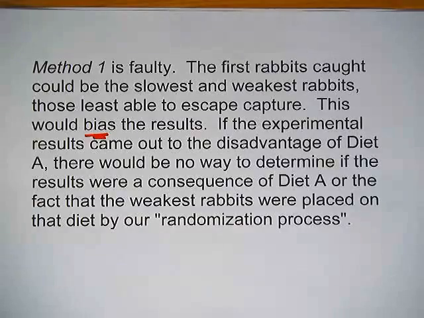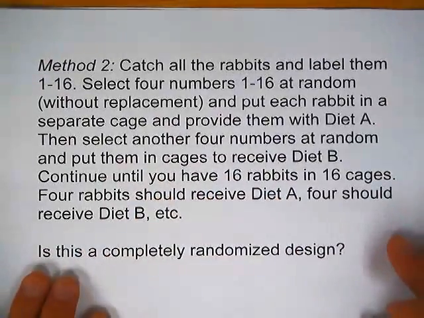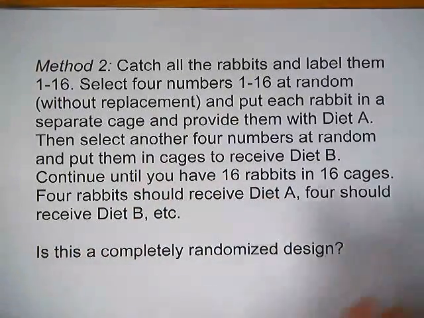So since this would not be a completely randomized design, this would not fulfill the requirements that we set out in our original definition. So let's take a look at now a second method of random assignment.